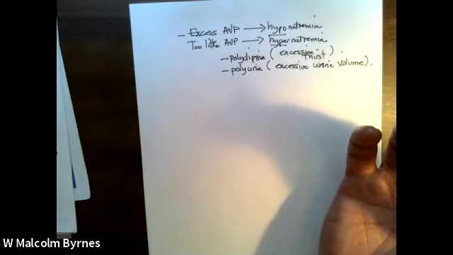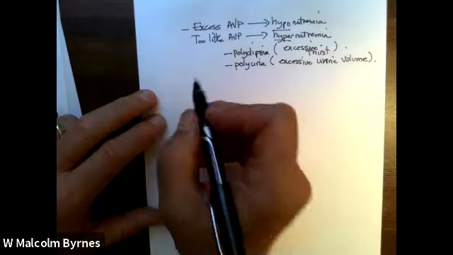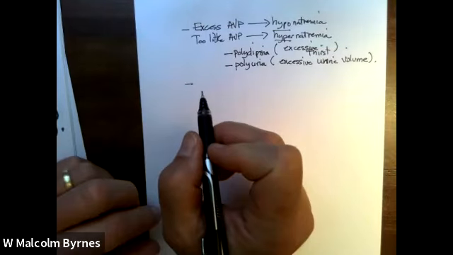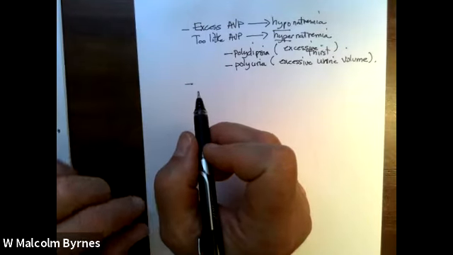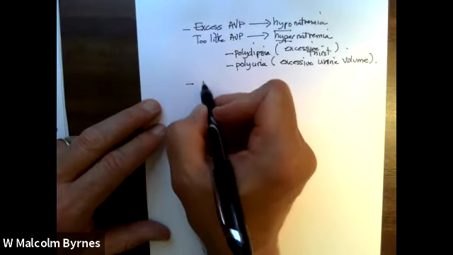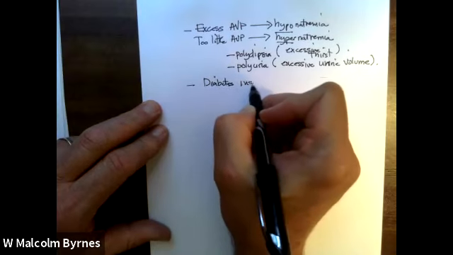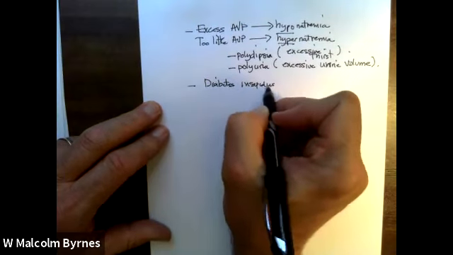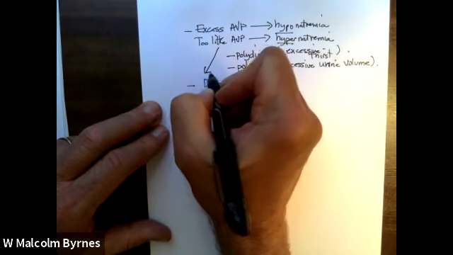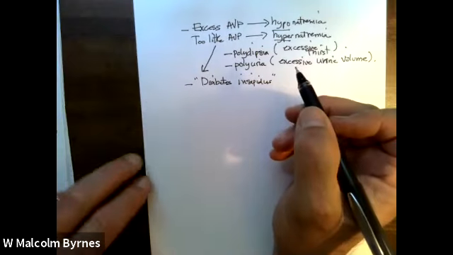So that's what happens when you have a deficiency in AVP, and it will cause what's known as diabetes insipidus. Too little AVP will cause something known as diabetes insipidus.